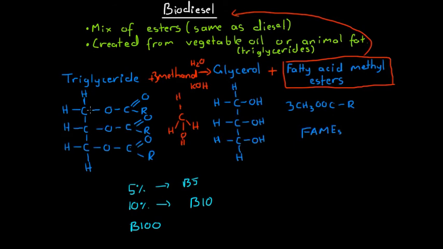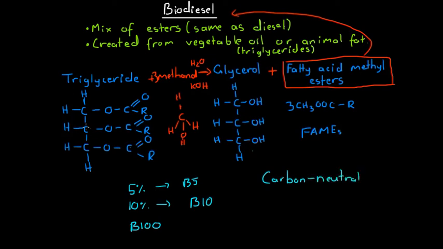So the production of triglycerides uses up carbon dioxide, and thus when we're burning these esters, that carbon dioxide is simply the same carbon dioxide that was absorbed in the production of these triglycerides. So that makes the use of biodiesel, which is produced from triglycerides, a carbon neutral process, the same as ethanol and biogas. So that's pretty much all we need to know about biodiesel.